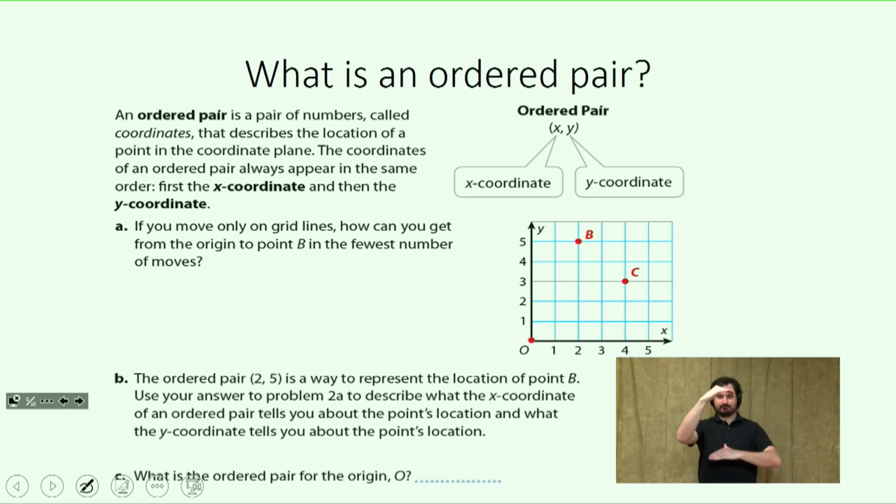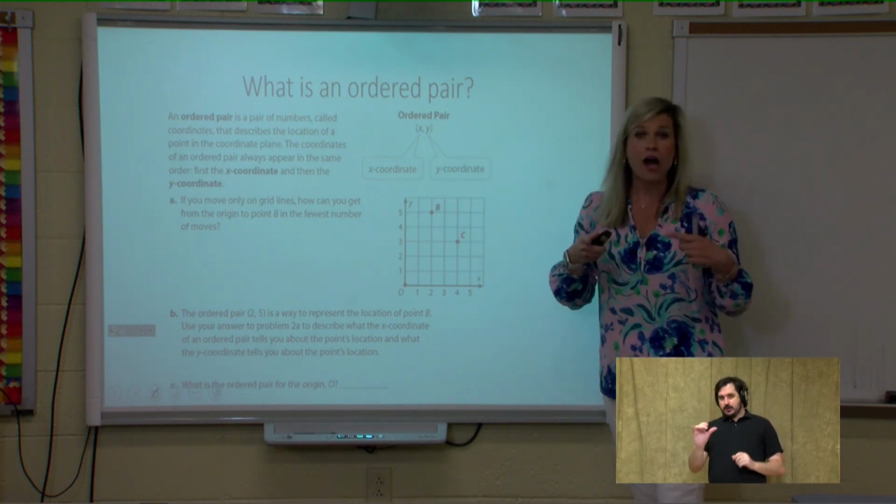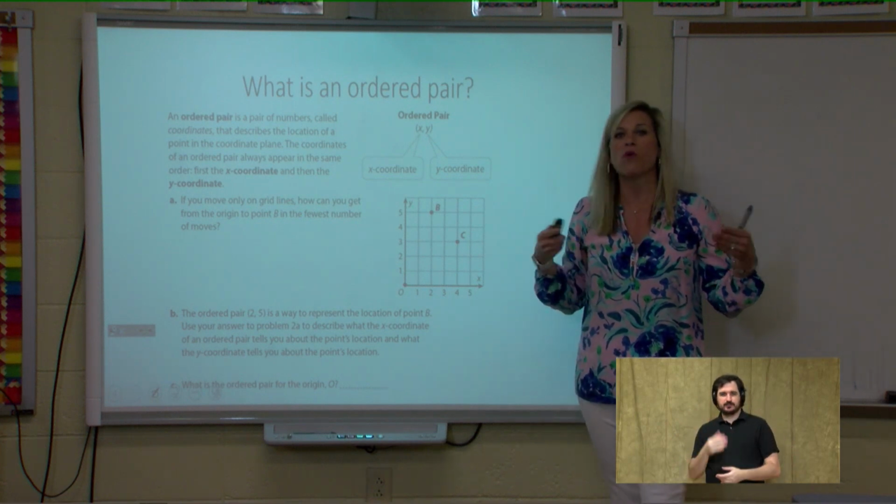The coordinates of an ordered pair always appear in the same order, and this is really, really important for you to understand. No matter what you do, you always look first at the x-axis, the x coordinate, and then you look at the y coordinate. I always tell my students, in the alphabet, x comes before y.